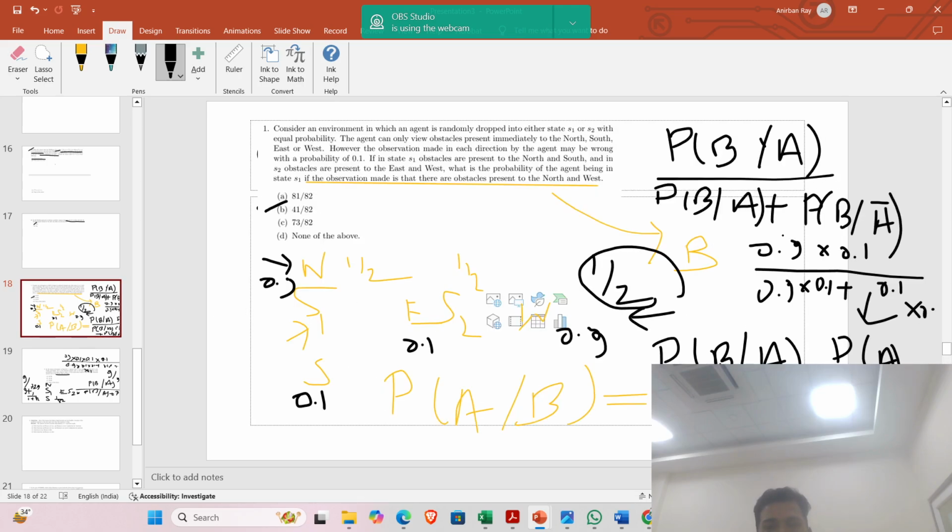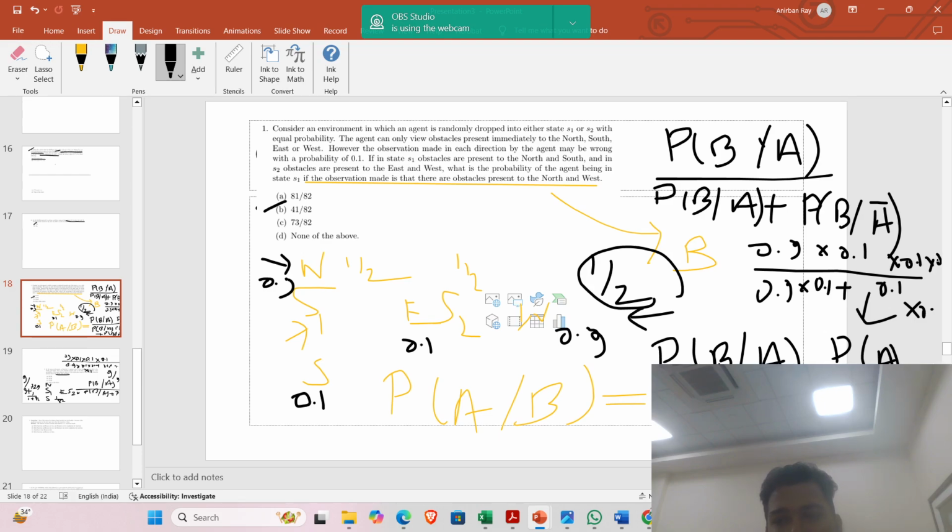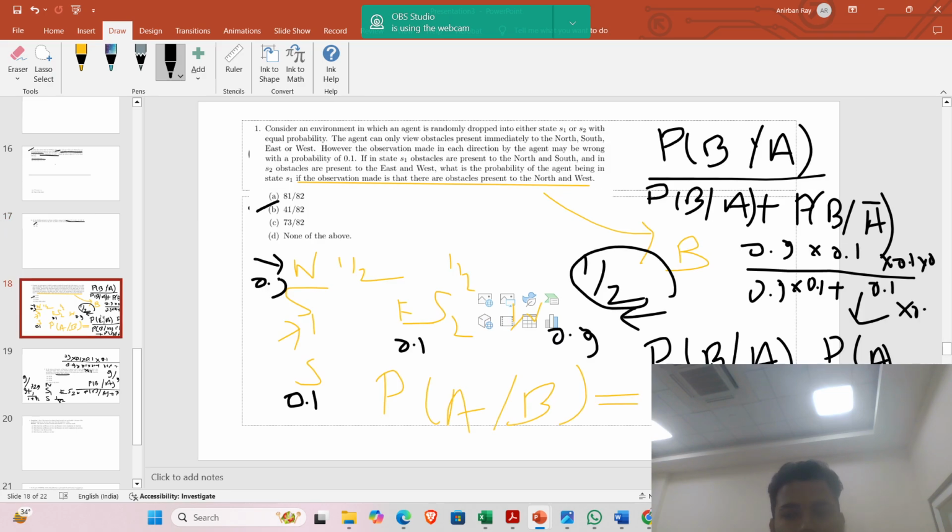The previous one we have to correct, we have got it wrong. So only at north and west is there. So west is this, east is 0.1 and south is 0.1 here. So you multiply and get 9, divide by 9 plus, next what you get is north and west.